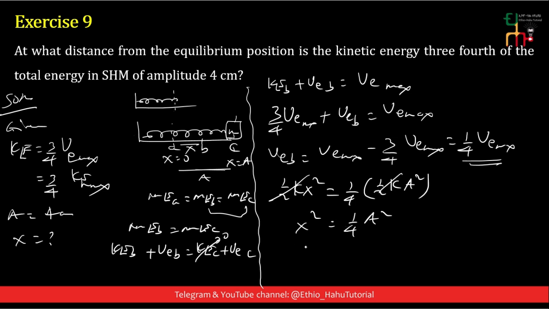Taking the square root of both sides, x is equal to a over 2. a is 4 centimeter, 4 centimeter divided by 2 is equal to 2 centimeter. Therefore, x is equal to 2 centimeter. At x equal to 2 centimeter, the kinetic energy is 3/4 of the total energy.